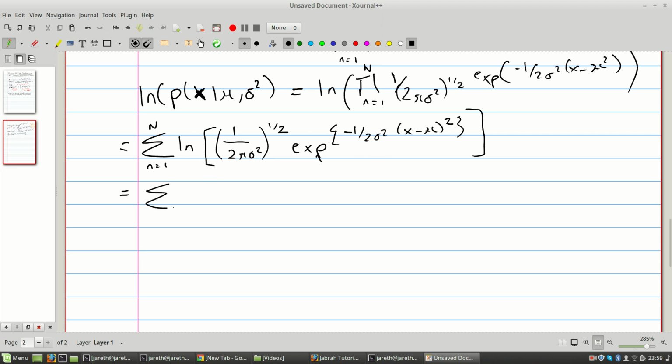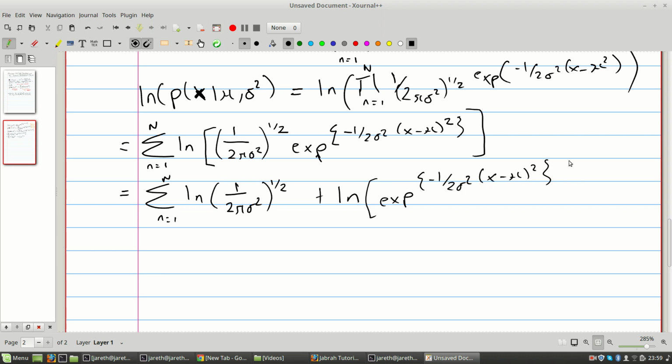So we keep our same summation operation here, and we have ln of 1 over 2 pi sigma squared to the power of a half, plus ln of the exponent of minus 1 over 2 sigma squared, x minus mu squared, right? This is where we are. Okay, what's the next step?